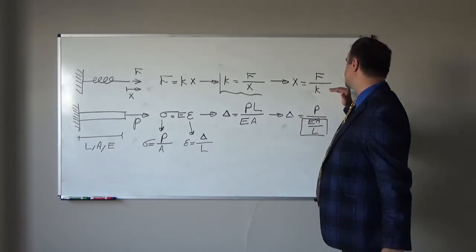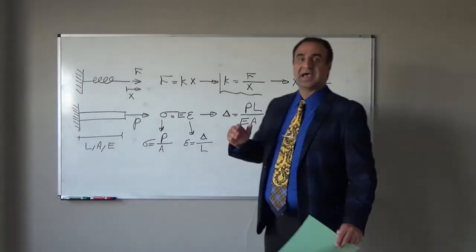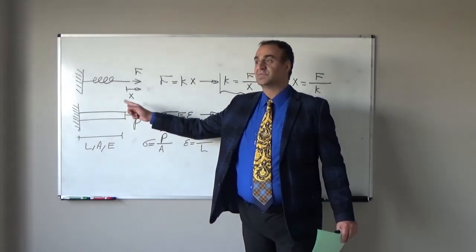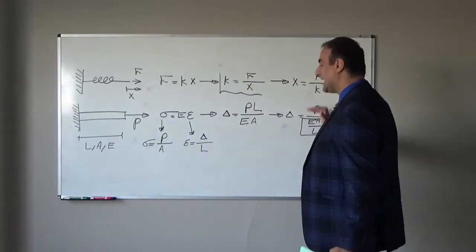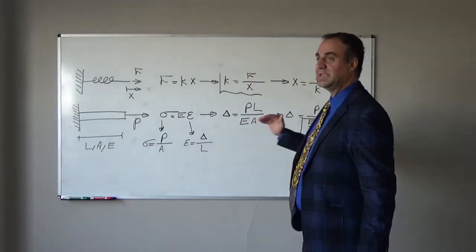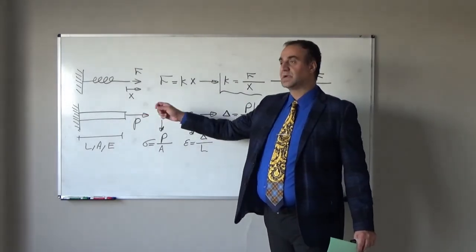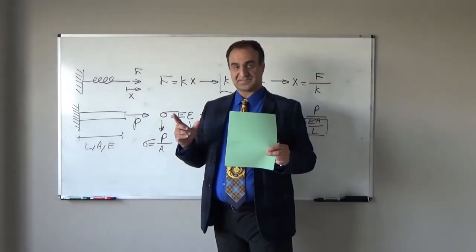K is spring stiffness. EA over L is axial stiffness for this member, for this axial member. So they have the same behavior. Under axial load, material behaves similar to one linear spring.